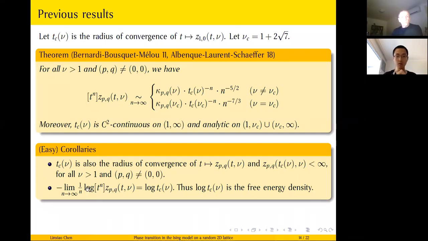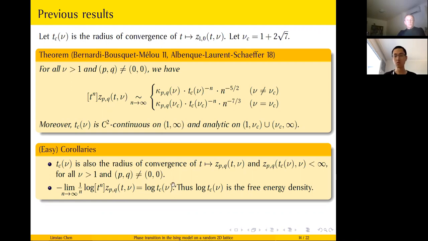And also, if you take the logarithm of the coefficients and you divide it by n, recall that Zpq is basically the partition function of this model with fixed parameters p and q. And n is basically the volume of the model. So log of the partition function divided by volume is the free energy density.